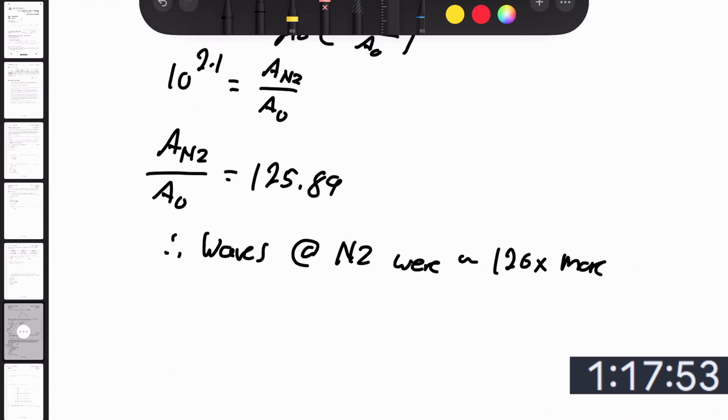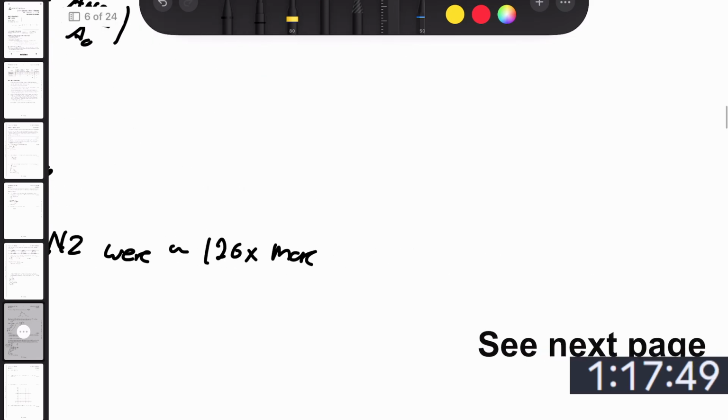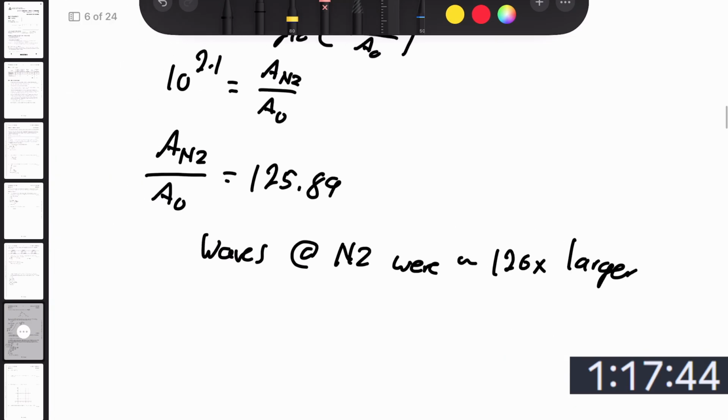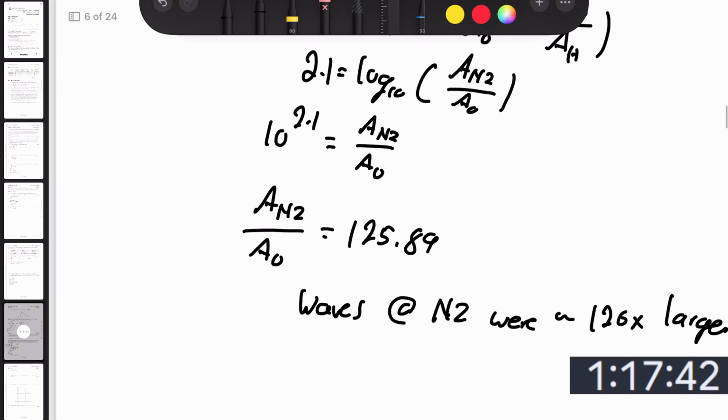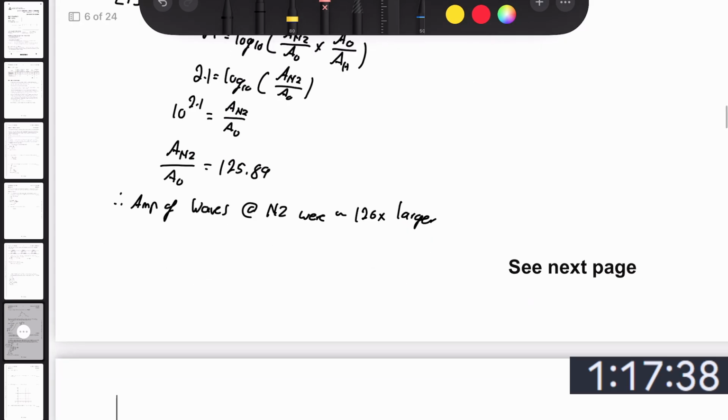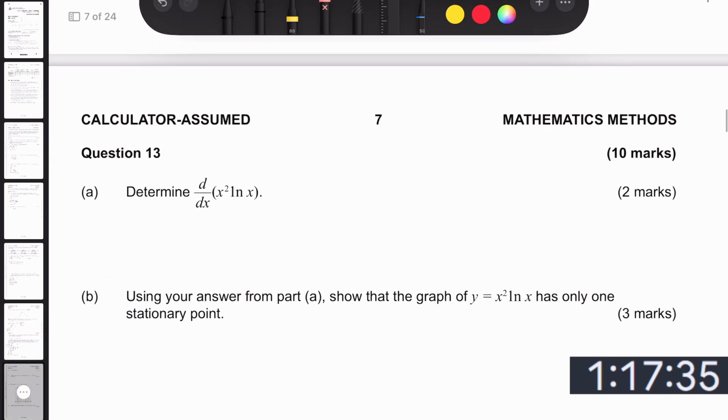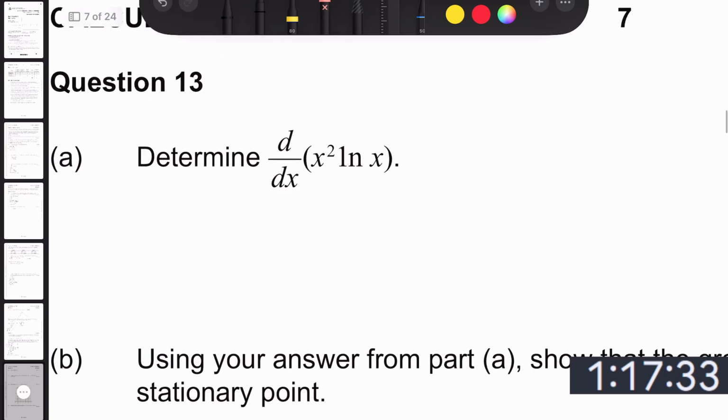Amplitude. Oh, it's amplitude. How am I gonna rewrite this? Amplitude of waves. Alright, so I'm just writing larger here, and write amp of waves. Okay, that's all good.